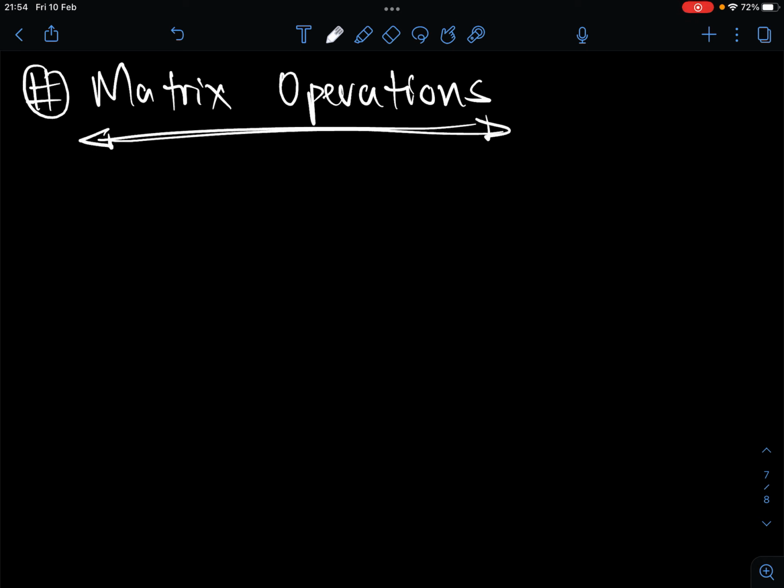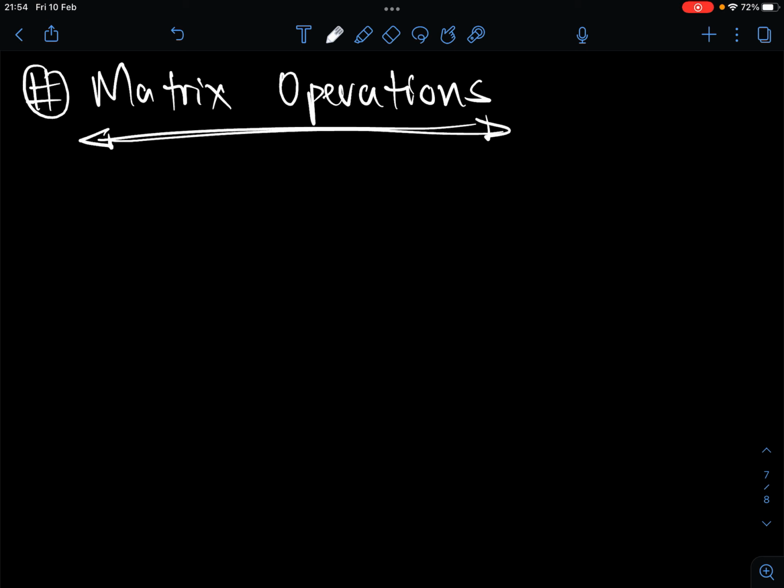So now we want to talk about what are the things that we can do with matrices. What sort of math manipulations can we do with matrices? There are many things that one can do with matrices, but specifically for an introductory lesson, we'll just look at some of the most basic operations that one can perform with matrices.